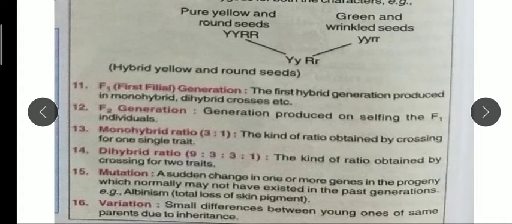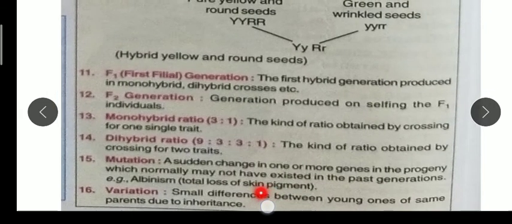Now variation. I told you that offspring get hereditary genes of similar character from the parents, but they do not look purely alike their parents. They have slight variation, small differences between the young ones and the parents.